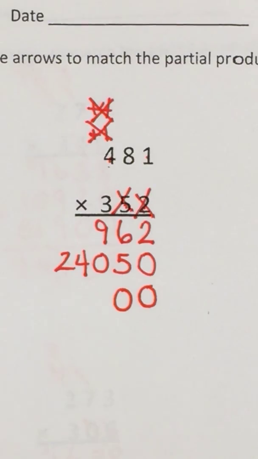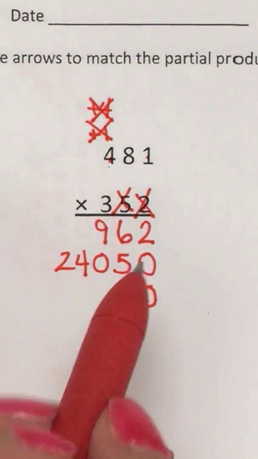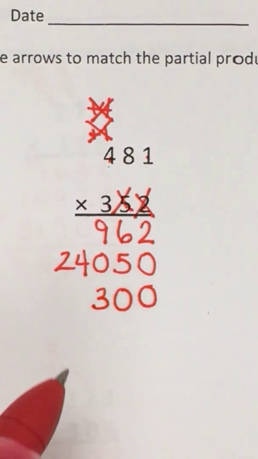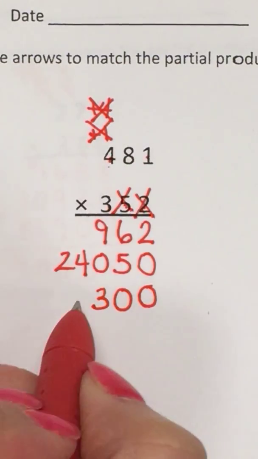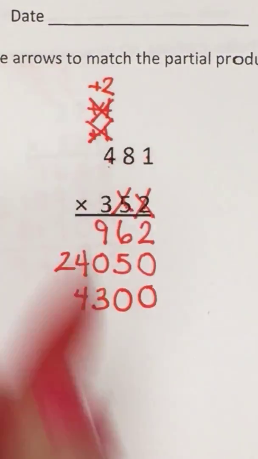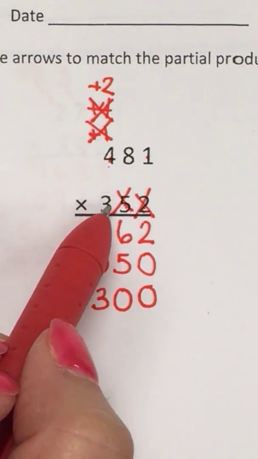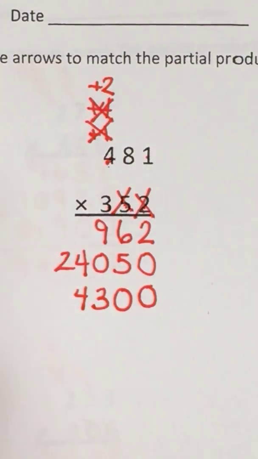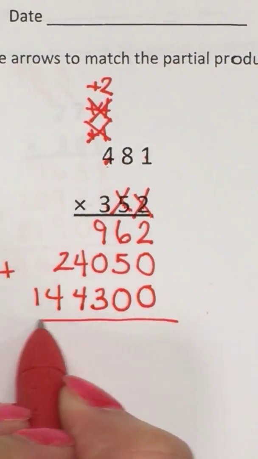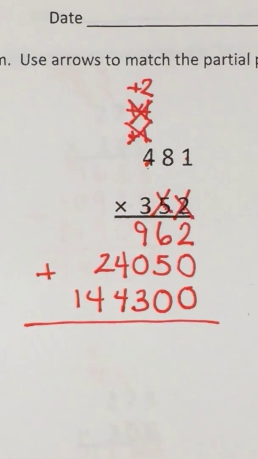Now I can start the multiplication in my hundreds place. 3 times 1 is 3. 3 times 8 is 24. Put down my 4. Carry my plus 2. 3 times 4 is 12. Plus 2 is 14. Now I can add all of these numbers up.